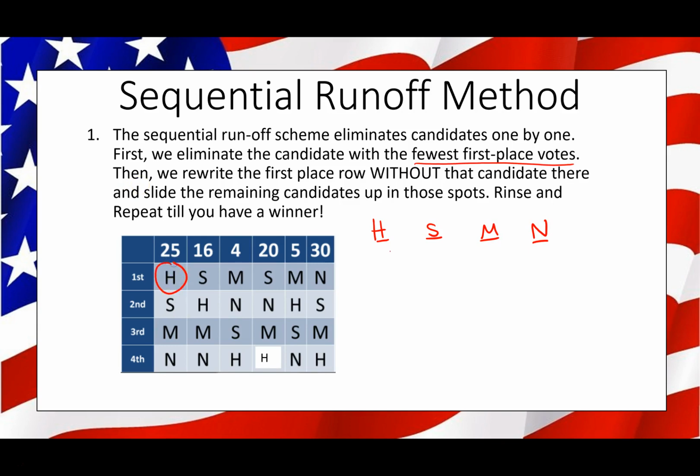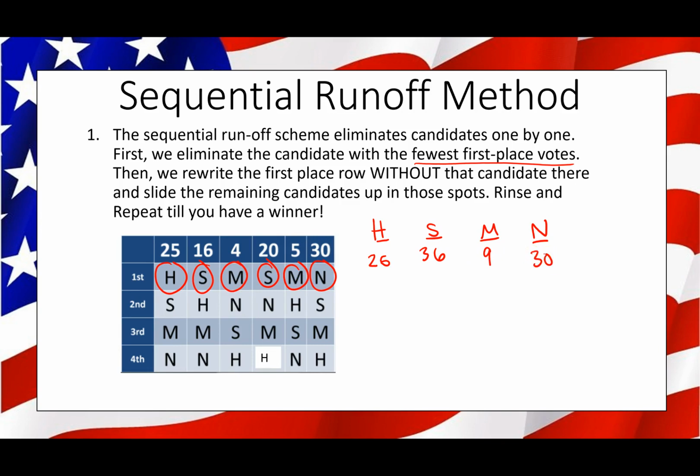So H has 25. S has a 16 and a 20, so that's 36. M just has 4, poor thing. Oh, just kidding, I missed one. A 4 and a 5, that's 9 first place finishes, and N has 30.